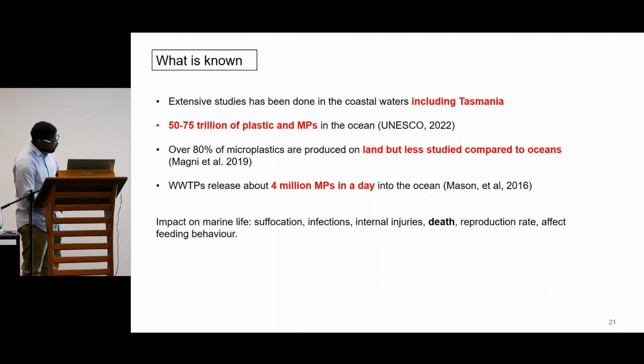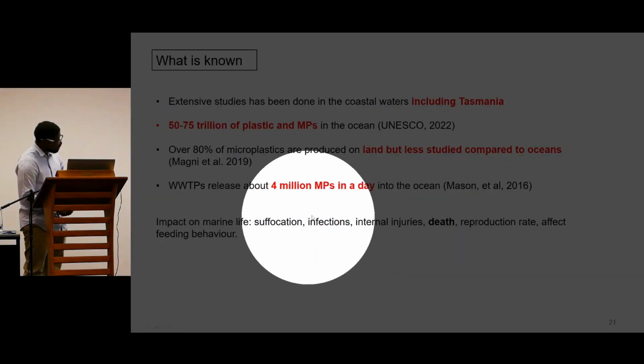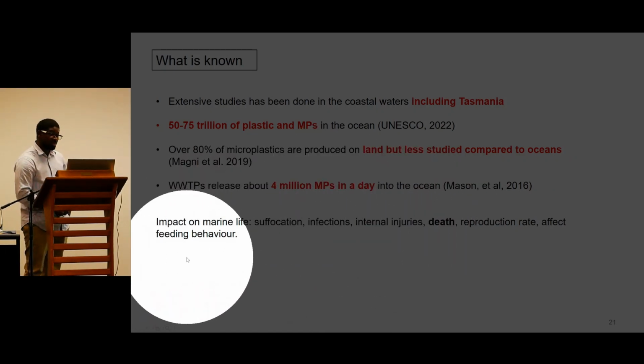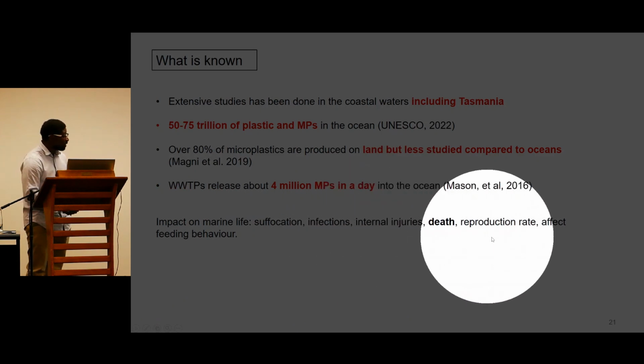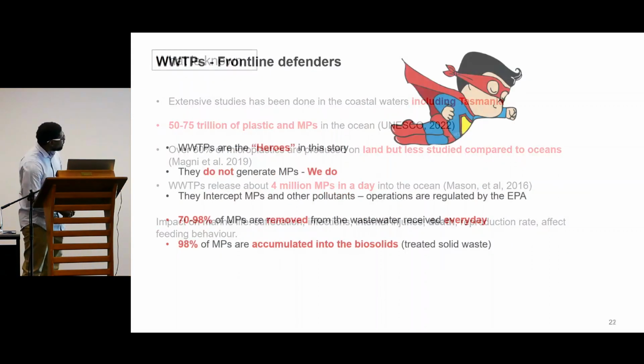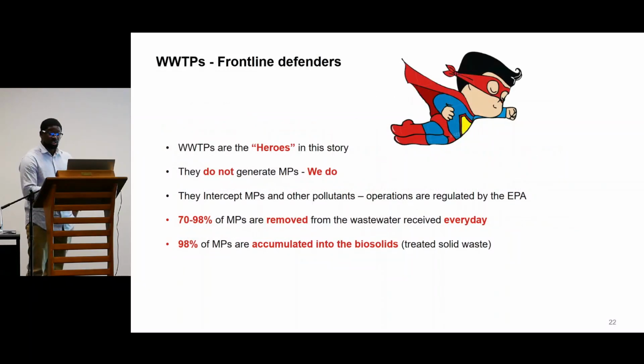They can also cause infections in the fishes, the aquatic animals, and internal injuries, as well as affect their reproduction rate. But on land, as I mentioned earlier, the story is different.